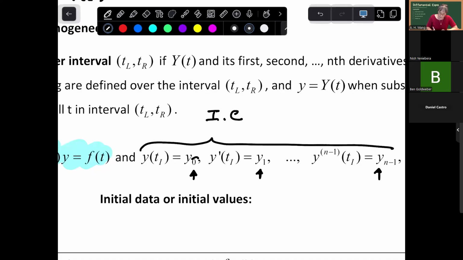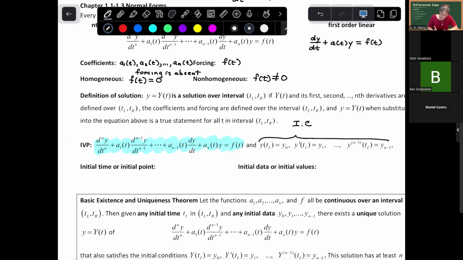Since we're starting with 0, you have n initial values. One more time: the initial time is t i, and the initial data or initial values are these. There are n of them, because this one starts at 0.